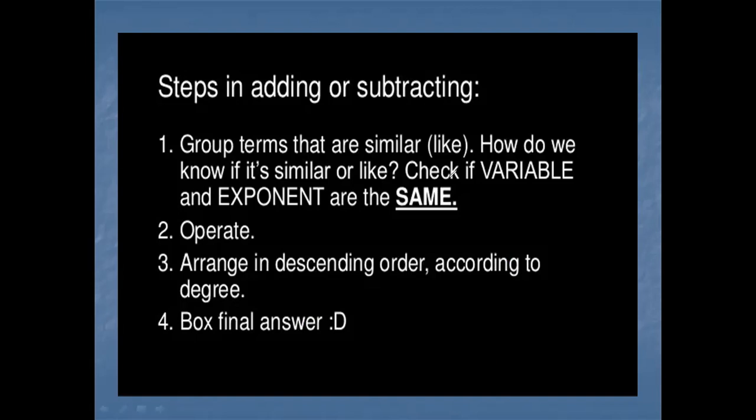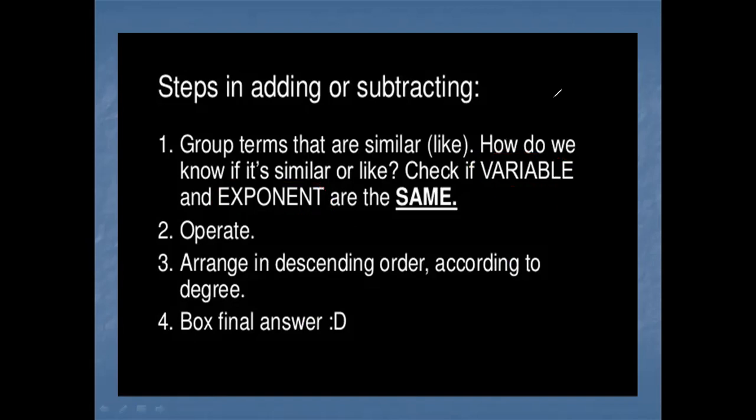First, you must check that the exponents are the same, and of course, the variables are also the same. So you check whether the variable and exponent are the same, then they are like terms. If they are different, then they are not like terms.